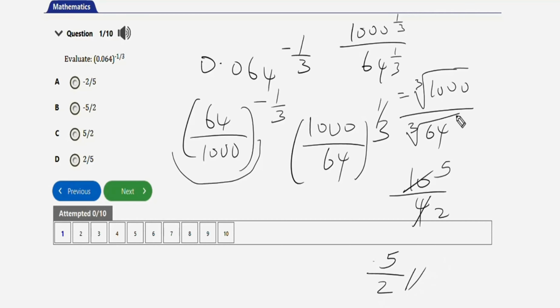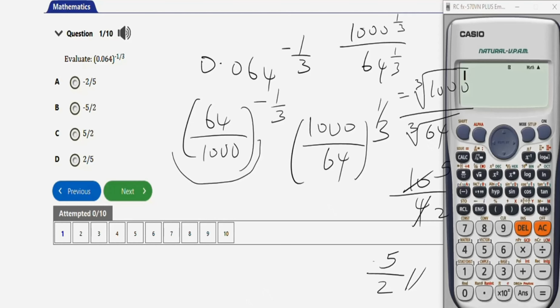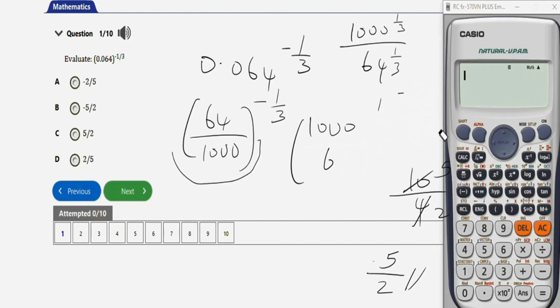So in case you don't get cube root easily, if you want to simplify with a calculator, let me show you. Let's bring the calculator now so that you can see this. Alright, so this is the calculator. Let me wipe some parts so I do not block it.